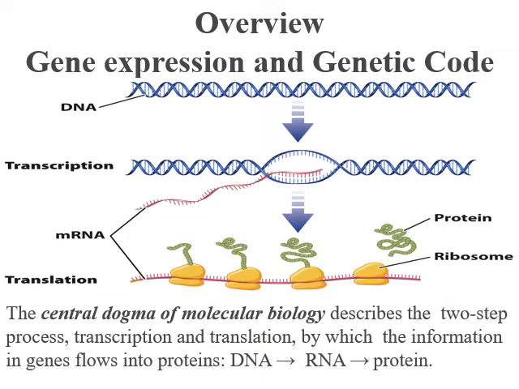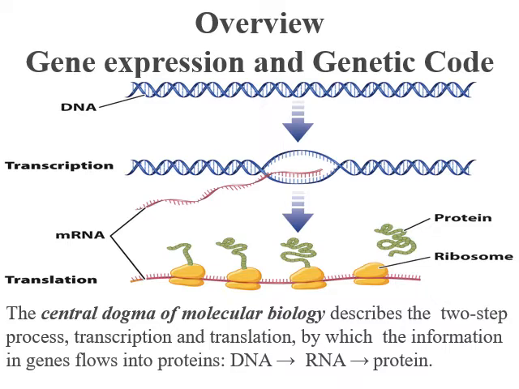In eukaryotes, the RNA must go through an additional process to become messenger RNA or mRNA. In translation, the sequence of nucleotides in messenger RNA is translated into a sequence of amino acids in polypeptides, which are called proteins or protein subunits.